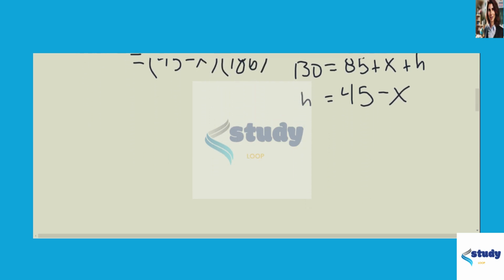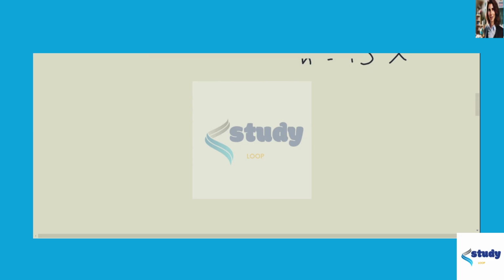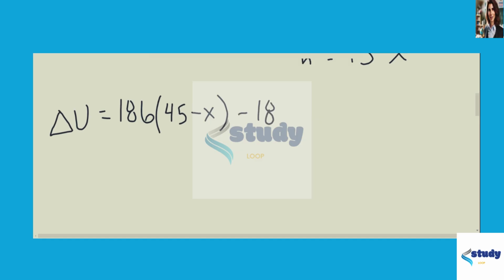Okay, now let's write our change in energy. That's going to be equal to our final, 186 times 45 minus x, minus our initial, 130.